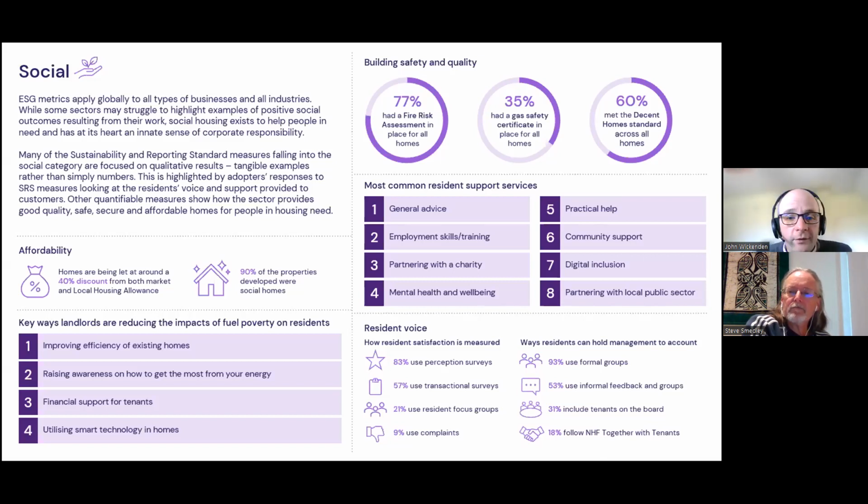You look at Scotland, it's already there. You look at the results for things like satisfaction and complaints volumes in Scotland. There's much more engagement between landlords and residents going on there that is collected through the ARC process.